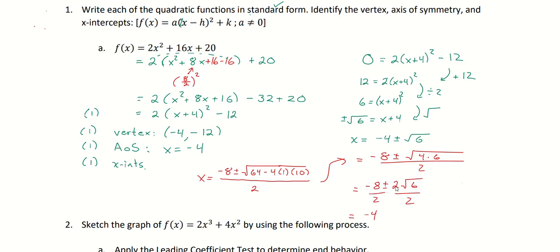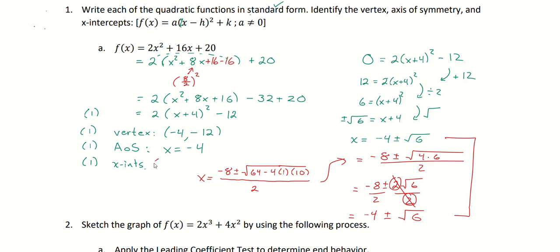Negative 4. And what happens with this 2 right here and this 2 right here? They're gone. So it's plus or minus the square root of what number? Check it out. Same. Whether you do the quadratic formula, which is awesome if you like the quadratic formula, or you recognize that we have an equivalent form right here and just set it equal to 0, we get 2 x-intercepts.